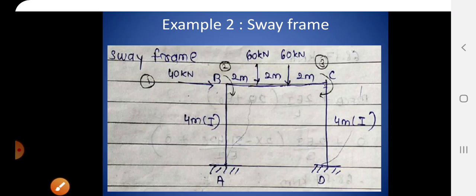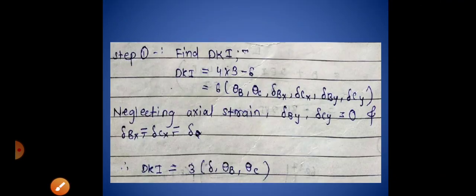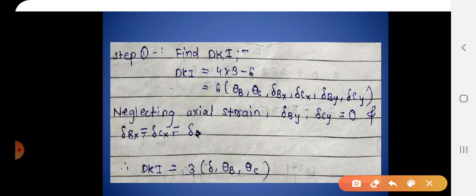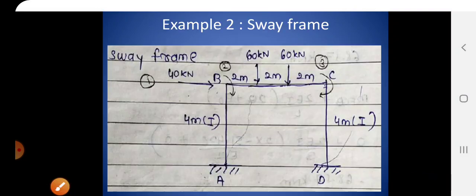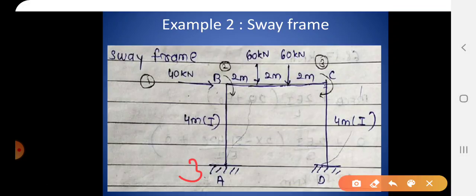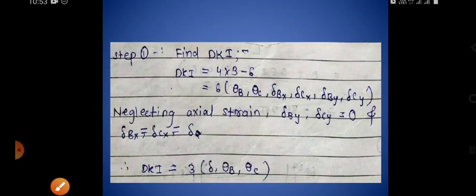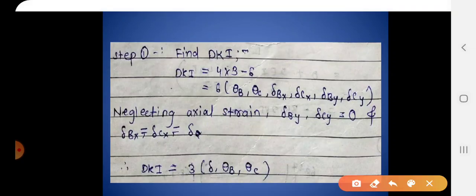Now go to step 1. Find the degree of kinematic indeterminacy. Again, degrees of freedom 3 into number of joints 4 minus support reactions 6. You can see 3 at A, 3 at D. Now what are these unknowns? Theta B, theta C, delta Bx, delta Cx, delta By, delta Cy.